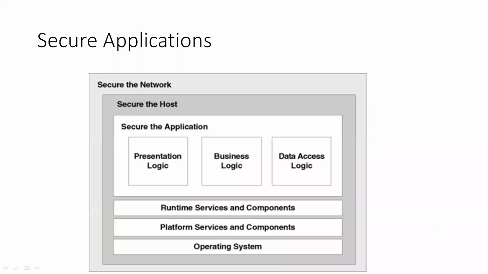Actually, in general, when you want to secure applications or secure your network, there are many ways you can do it. Basically, the threat may be at the network level, at the host level, or at the application level.